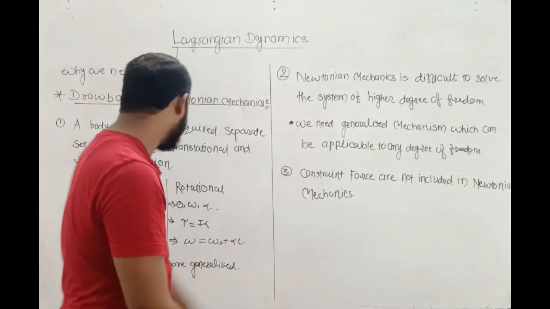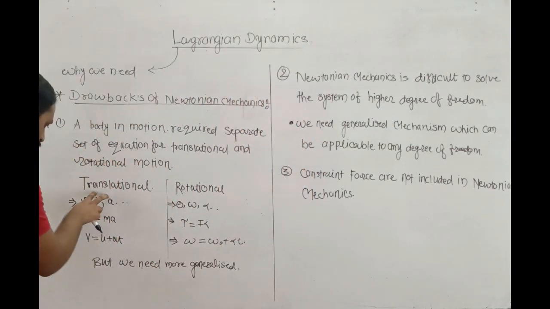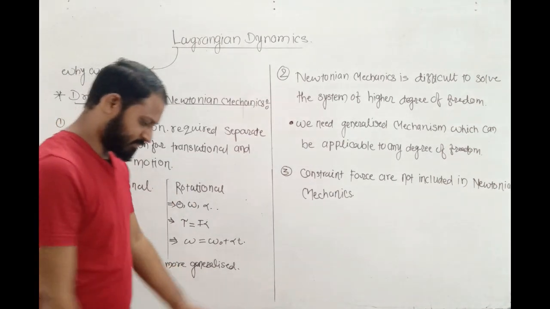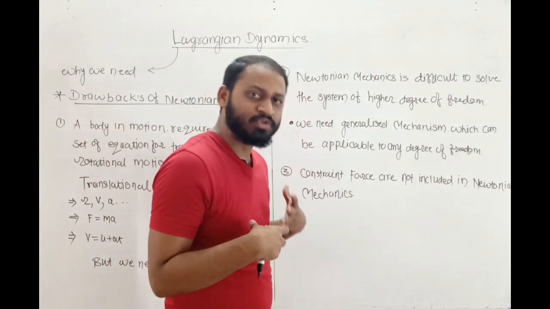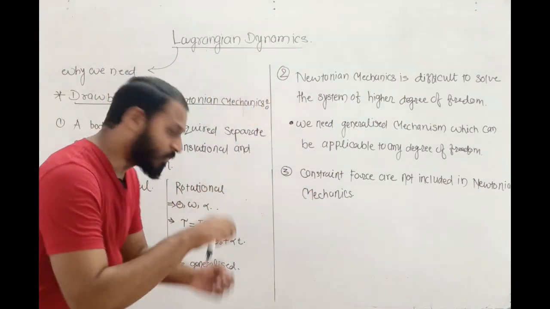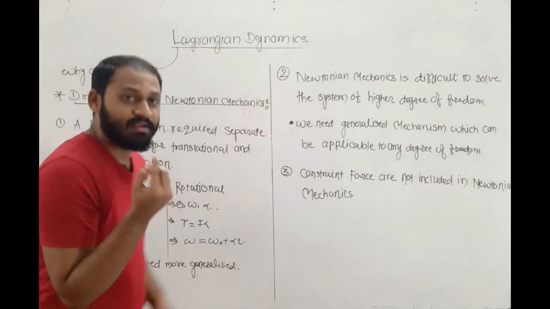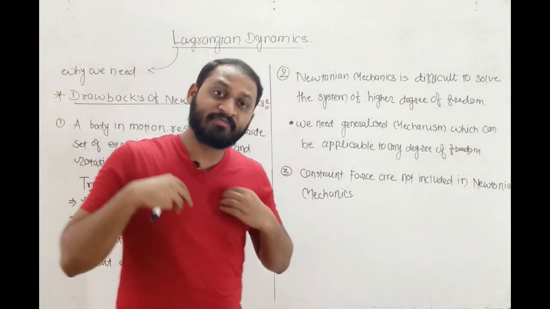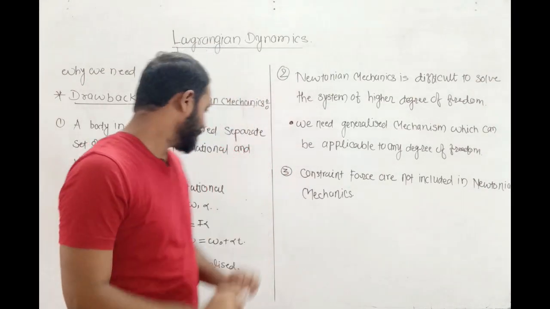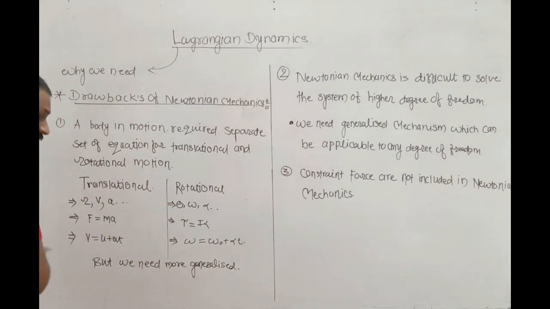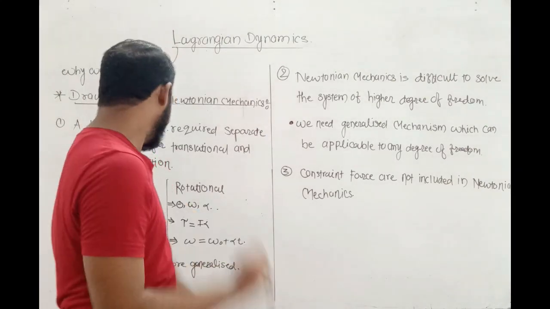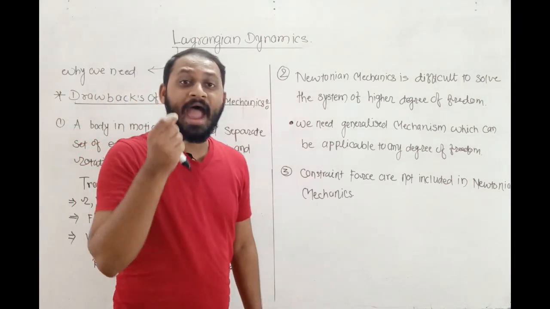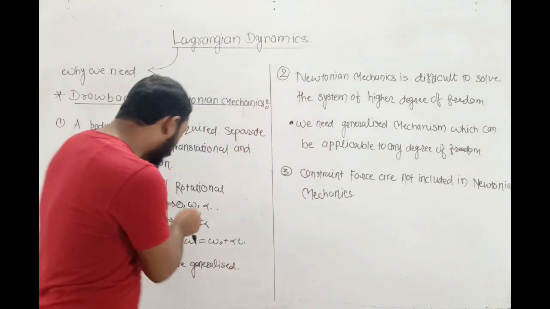Now see how. In translational motion, position is defined as r. Okay, r represents my position. But in rotational motion, the angle at which I am rotating defines my position. In translational motion, velocity is defined as v, and in rotational motion, angular velocity, that is omega.